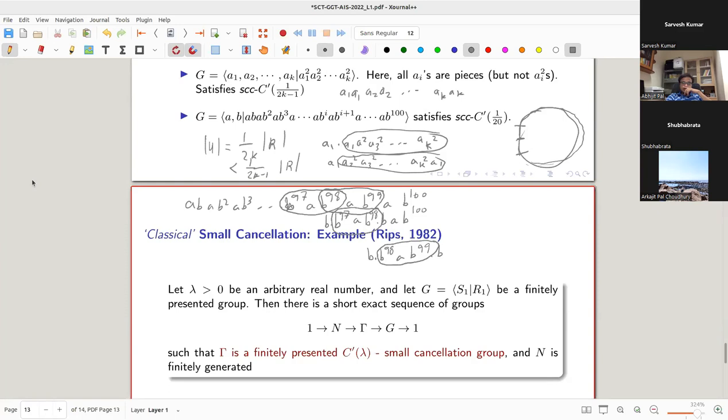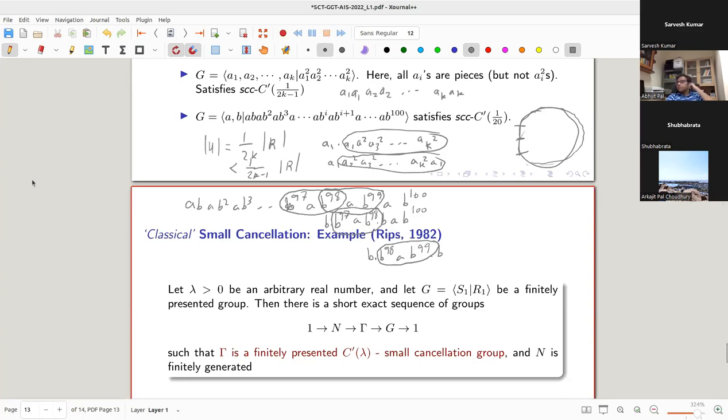So we can definitely say that the length of the piece is less than 1 over 20 times the length of the relator. So this group satisfies the C prime 1 over 20 small cancellation condition. We can check this way.